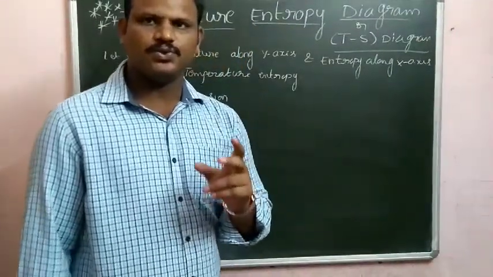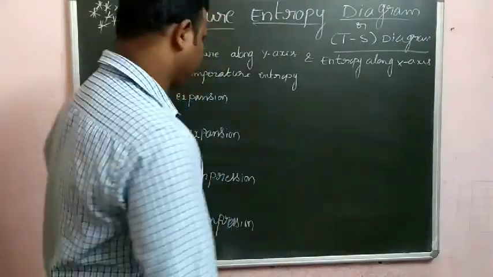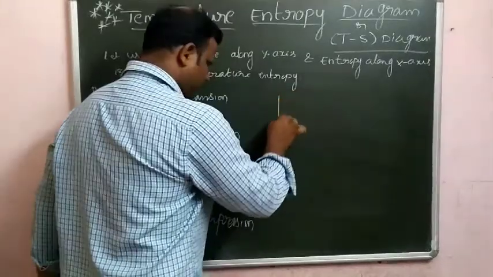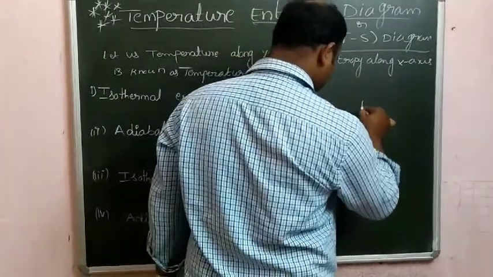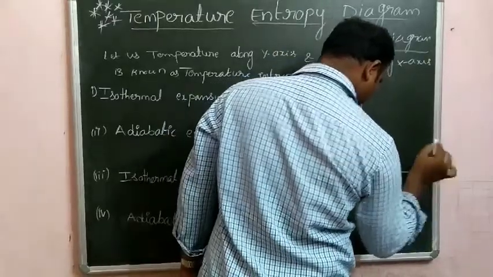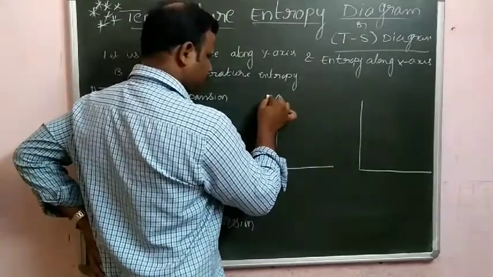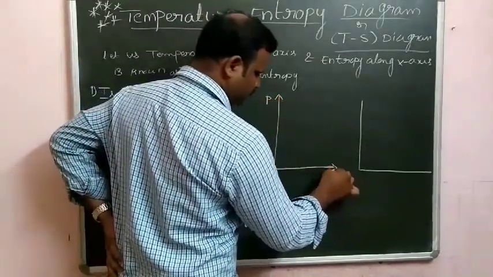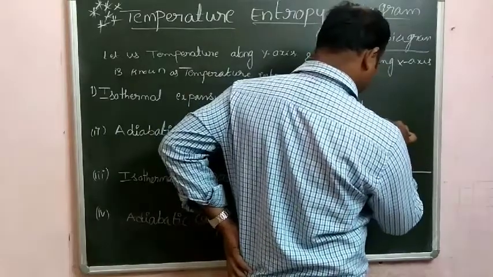The following two diagrams: the TS diagram and a pressure volume diagram. This is the pressure, this is the volume, this is the rectangle.